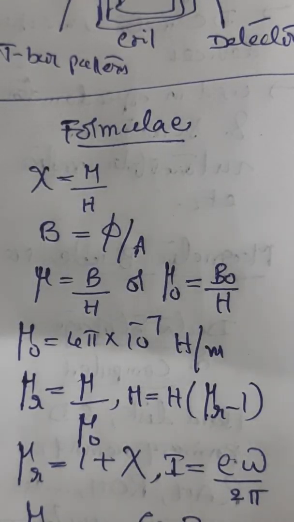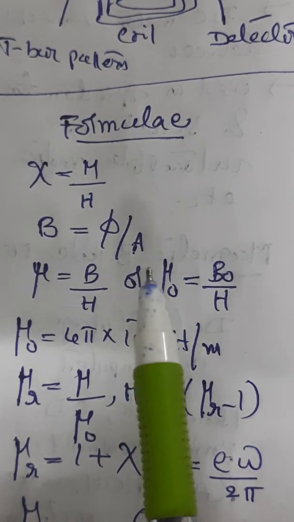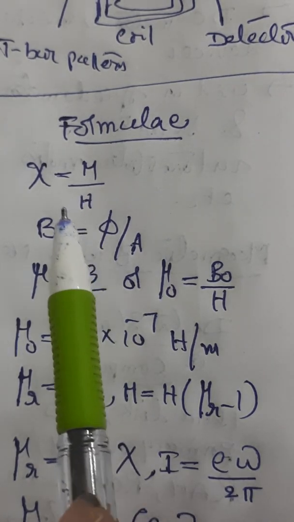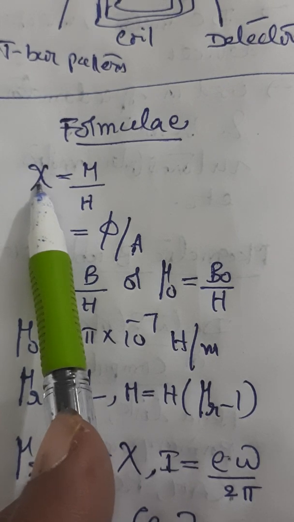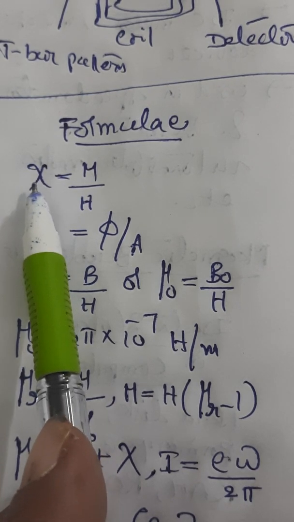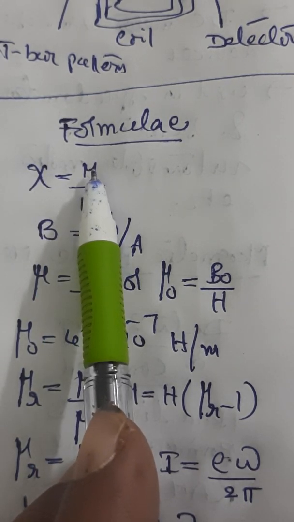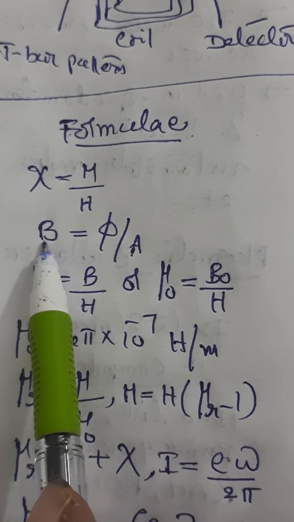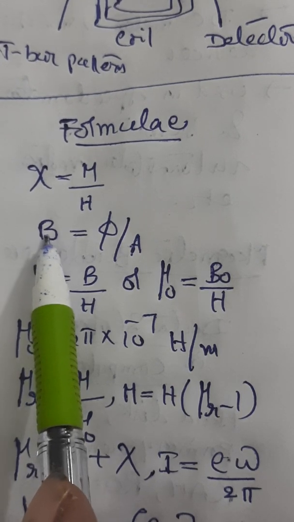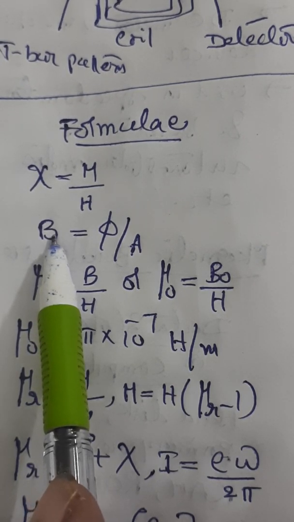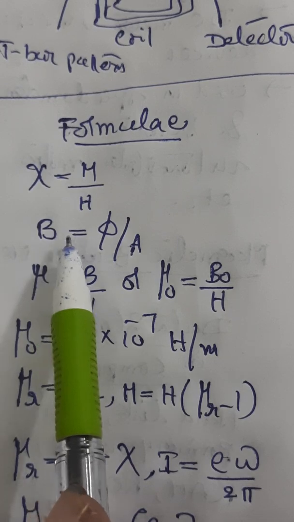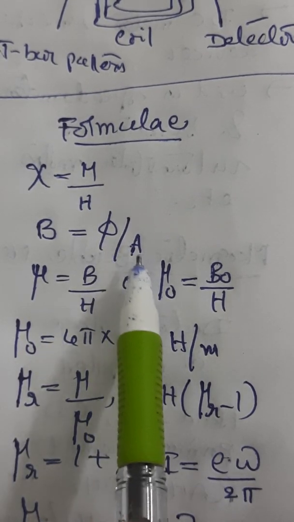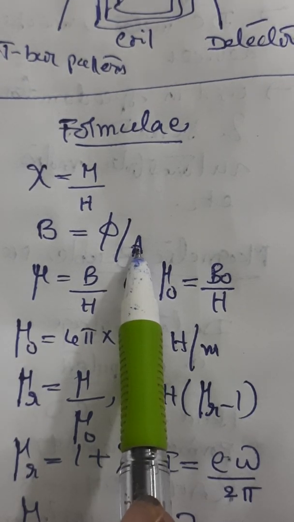If you summarize the entire magnetic materials, these are the basic formulae we have come across. Susceptibility is the ratio of magnetization produced in a sample to the magnetic field strength. Then this is magnetic induction, field strength or magnetic flux density, which is given as phi by A, that is the number of magnetic lines of force passing through unit area of cross section.